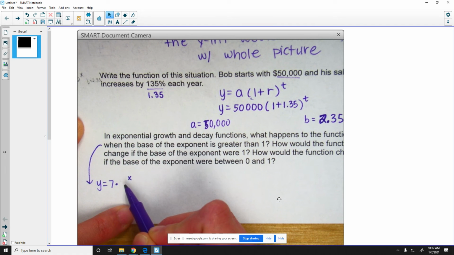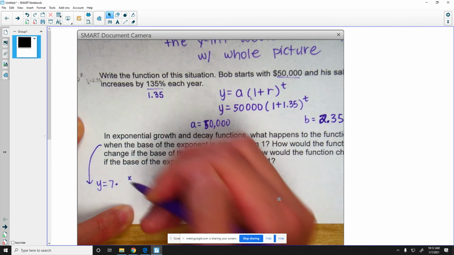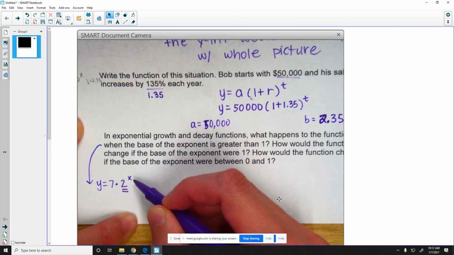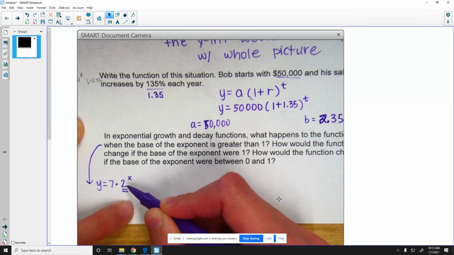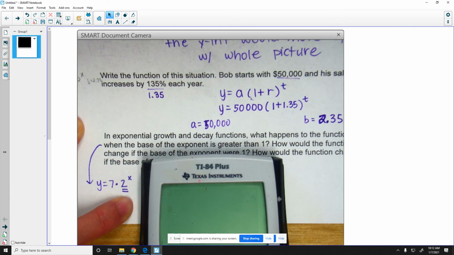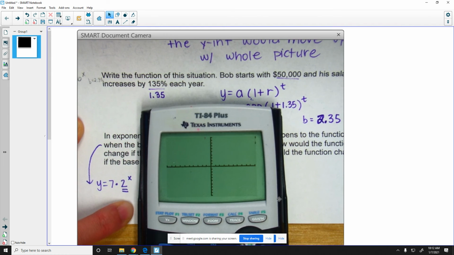So give me a number bigger than 1. 2. So do you see how the base of this exponent is bigger than 1? I just made up a random number. So 7 times 2 to the x power. Let's look at that picture. So what happens if it is greater than 1? It would look like this.